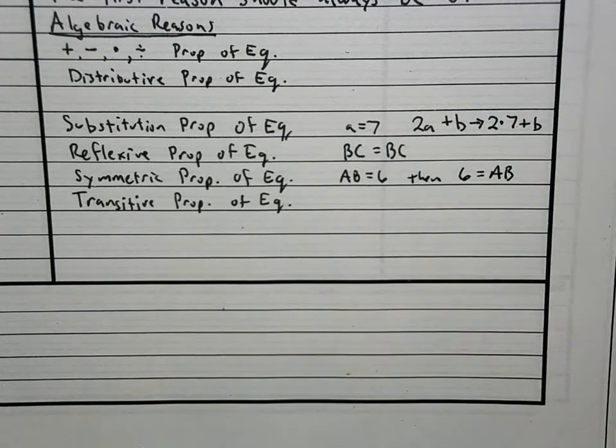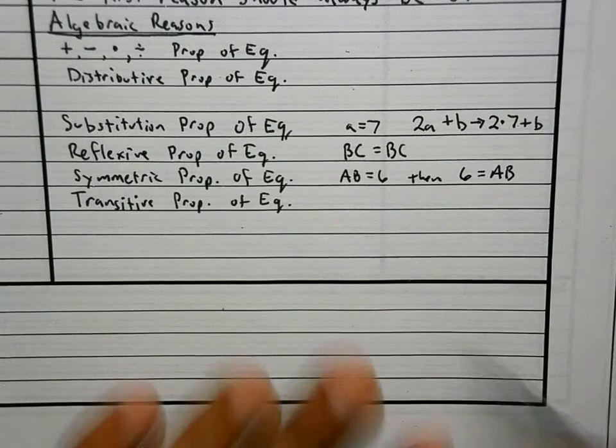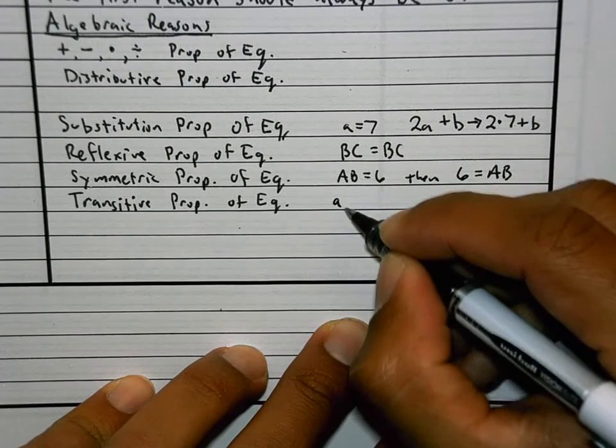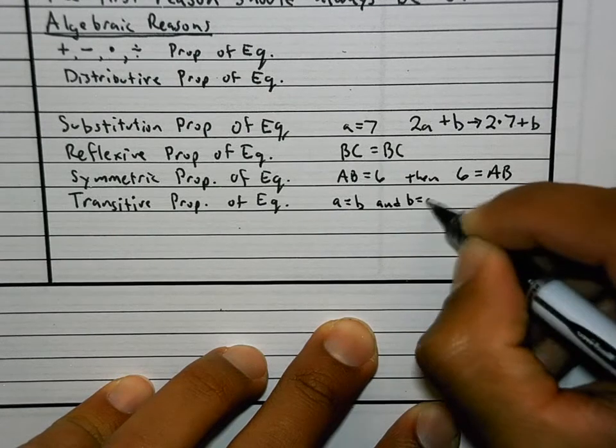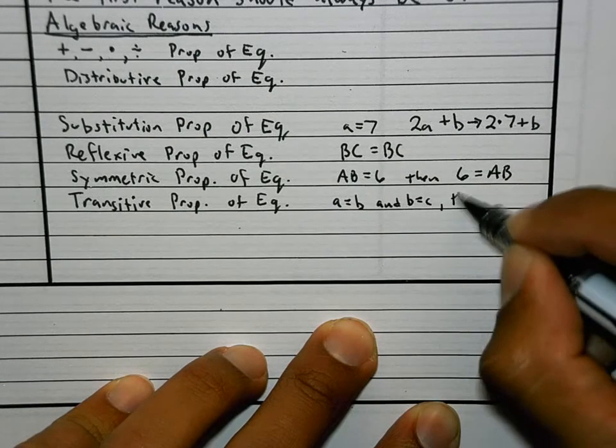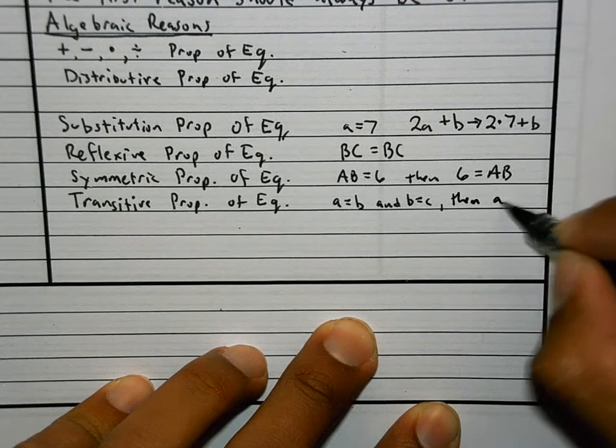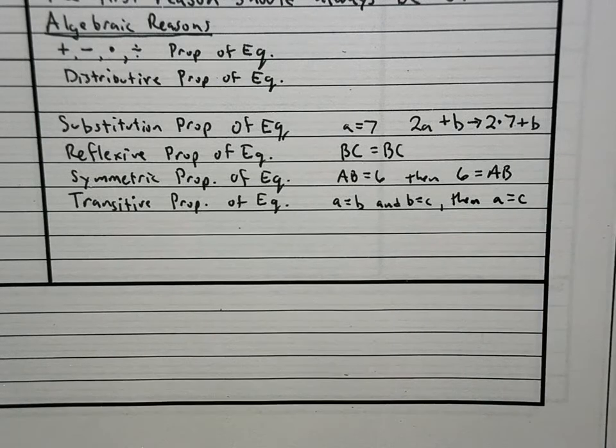Anytime you switch the order, that's the symmetric property. Transitive, on the other hand: if you know two values are the same, if A equals B and B equals C, then A equals C. That's the transitive property.